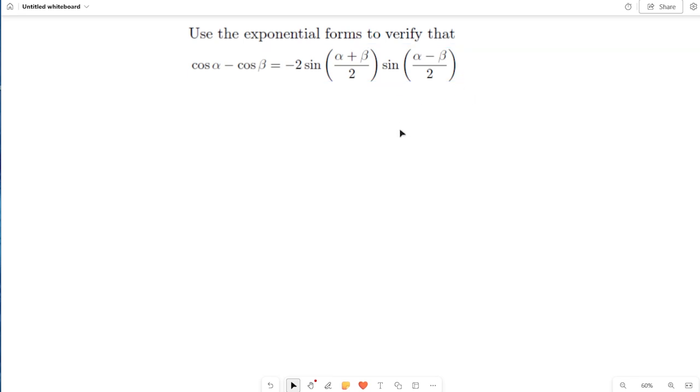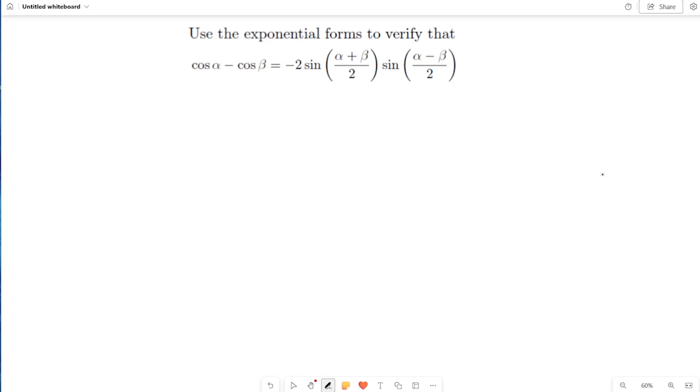Okay, so we're actually going to probably work with the right-hand side this time, because if we simply swap cosine with the exponential forms, I don't think that helps that much. But if we swap sine with the exponential forms, you can see that what we end up with is a binomial expansion. So let's do that.